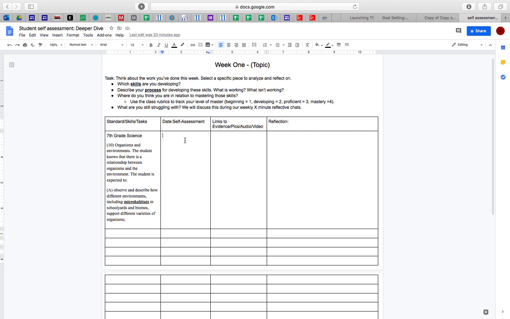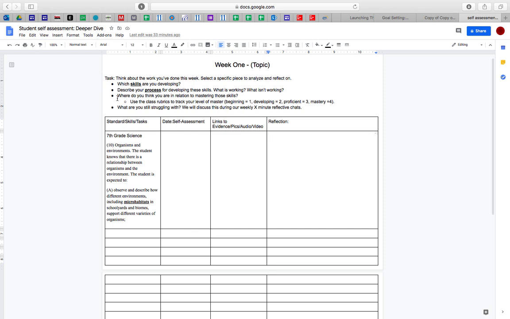The next column is all about self-assessment. Like, when do you want to reach this goal? Here you're actually asking your students to upload evidence, like maybe pictures of artifacts that show that the students are working on their goals. And then finally, some reflection on the process. What worked, what didn't work.